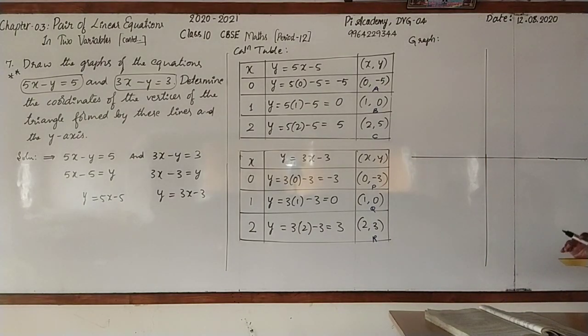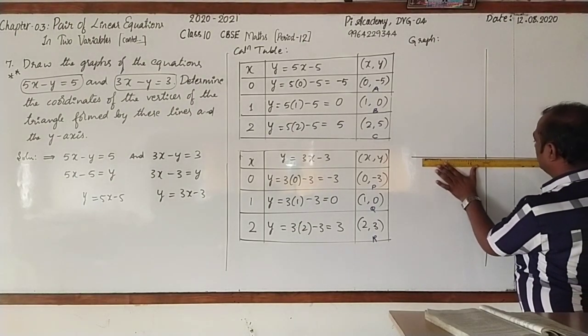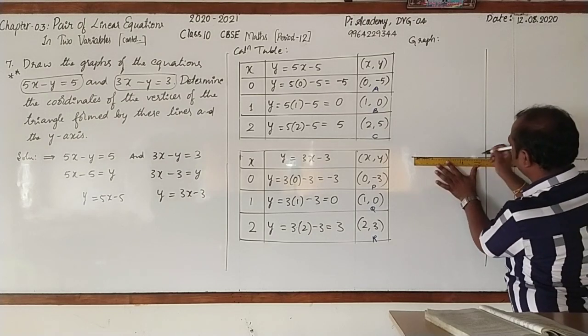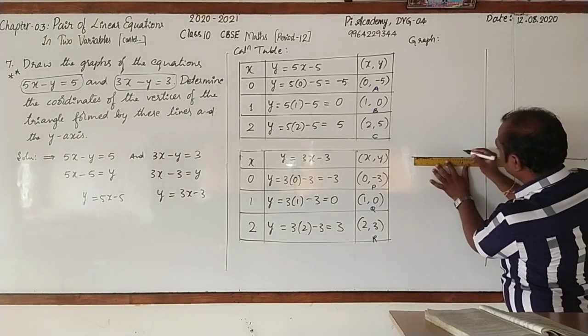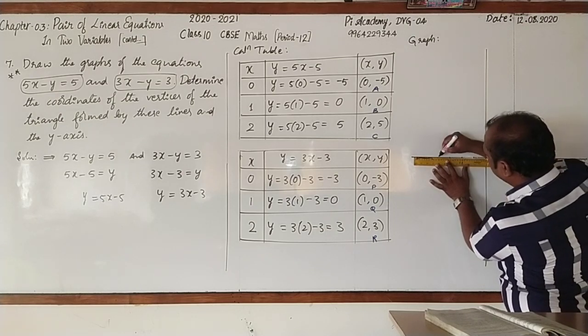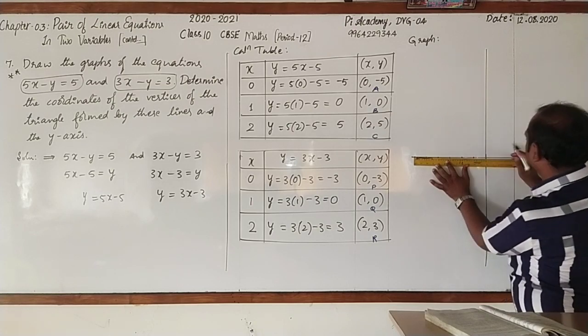Have you drawn? Then go on marking for equal distances. In graph sheet it has been given 1 centimeter one box. So here 1, 2. You should also keep on marking because we have already learnt it. You won't find any difficulty in marking.